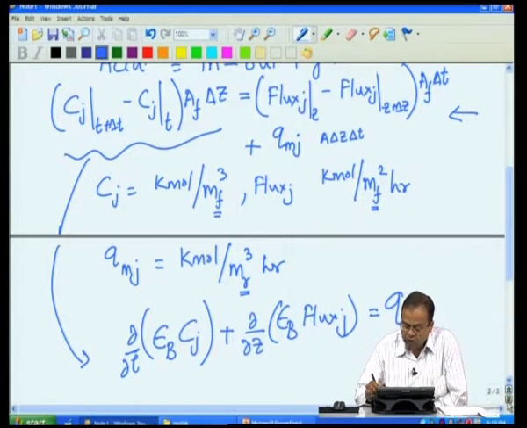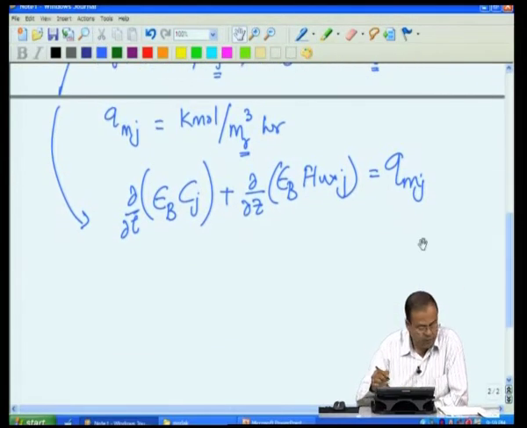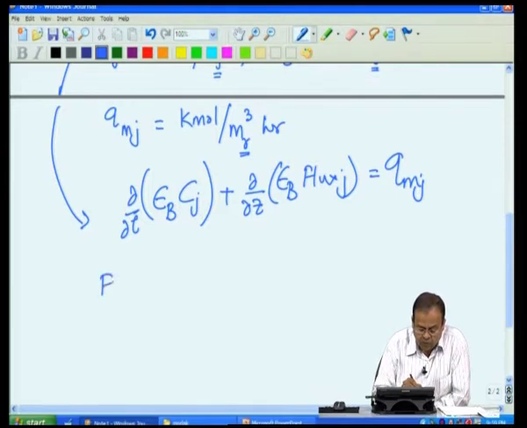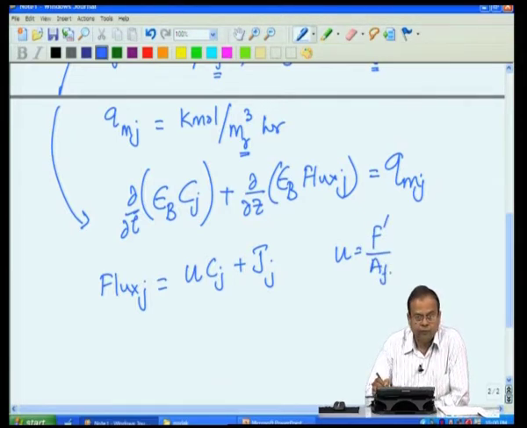Now, what is my flux of J? Remember, my flux of J has two components: U into Cj plus the diffusive flux. U is my interstitial velocity, so U is my fluid flow rate F prime divided by AF.